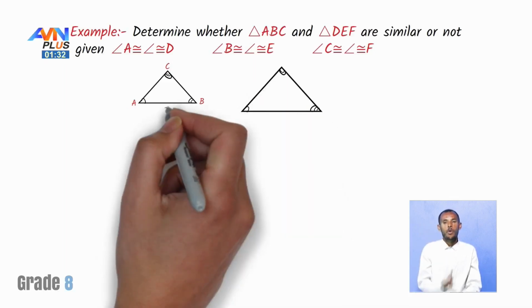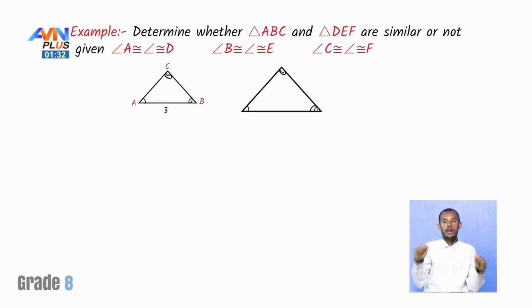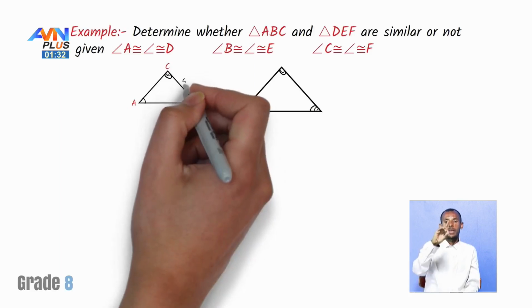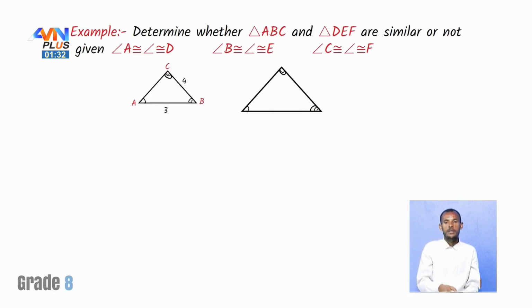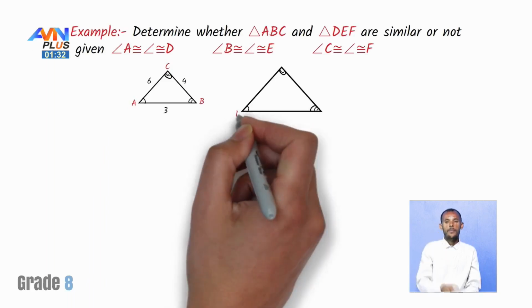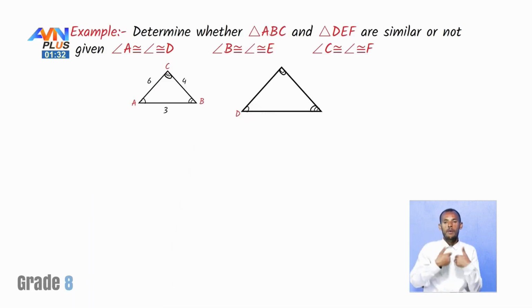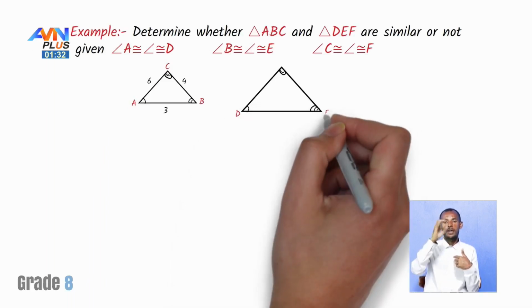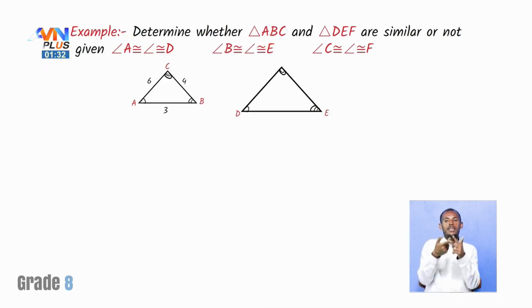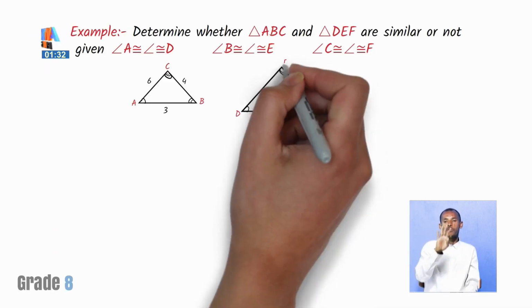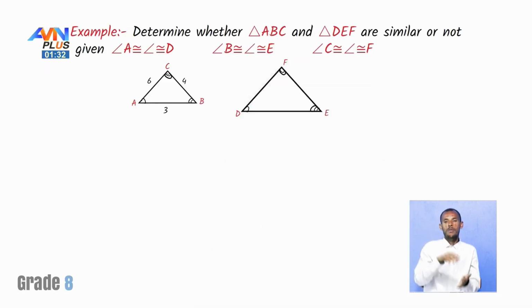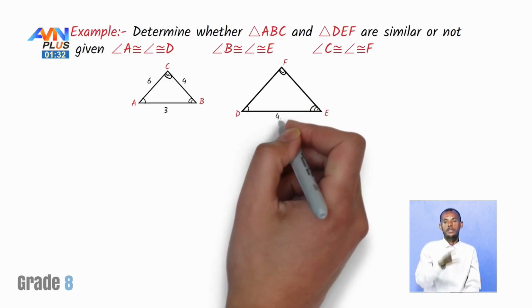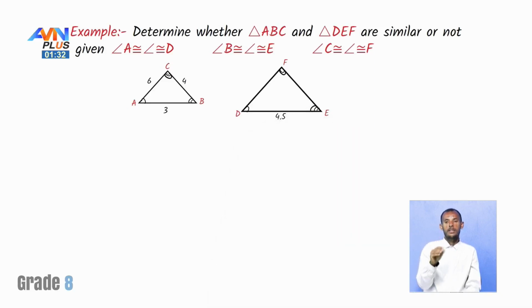We have another triangle with vertices D, E, F. The sides of the second triangle are 4.5, 6, and 9.